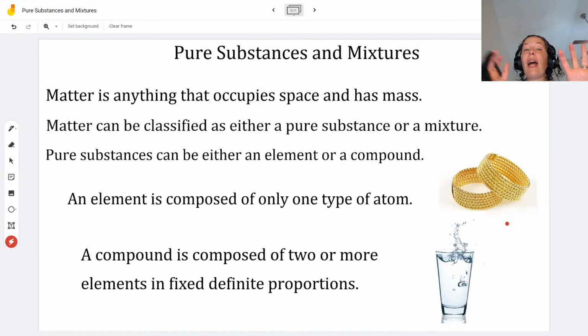Now, we're going to contrast that with a compound, which can also be pure. But a compound is composed of two or more elements in fixed definite proportions. A classic example of this, you can see my glass of water. Water, as we know, is H2O, which means you have two hydrogen atoms for every one oxygen atom.